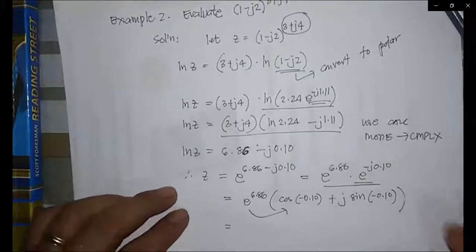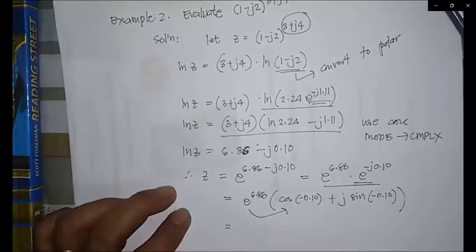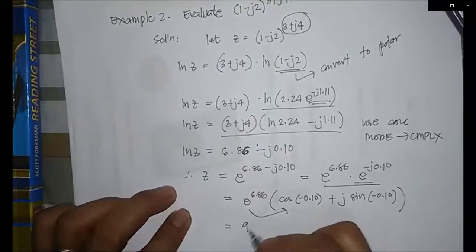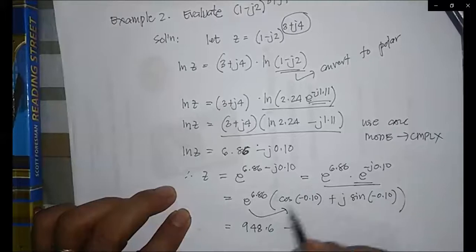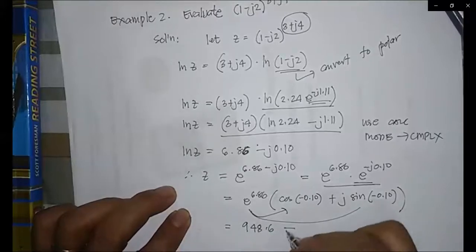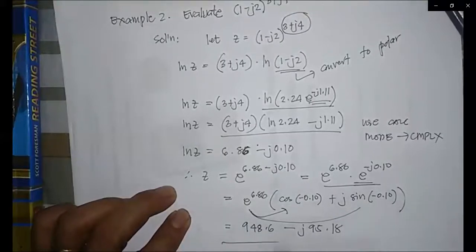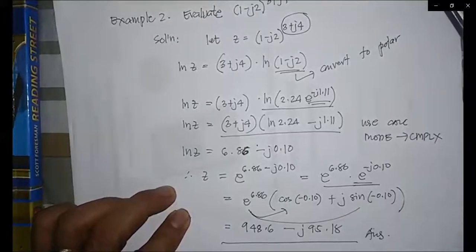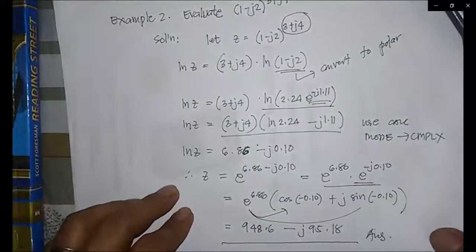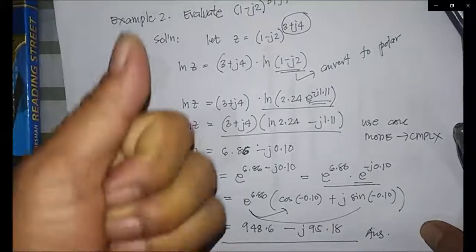Please use your calculator to multiply that. The result will be 948.6, and multiplying the other term by e raised to 6.86 will become j 95.18. So this will be your answer. Try to check that using your calculator.